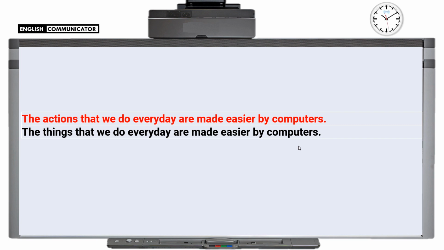Next: "The actions that we do every day are made easier by computers." It's a wrong sentence. Why? The things that we do, not actions. The things, the performance, not actions. With keyboard and mouse, you can't do actions, just perform. So: the things that we do every day are made easier by computers.